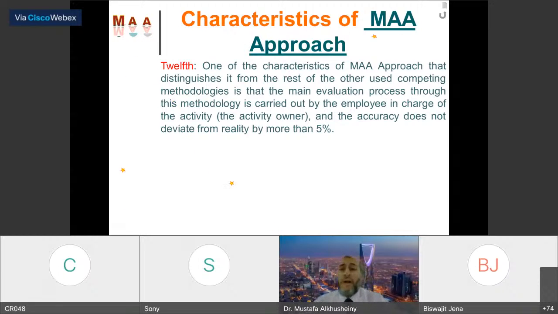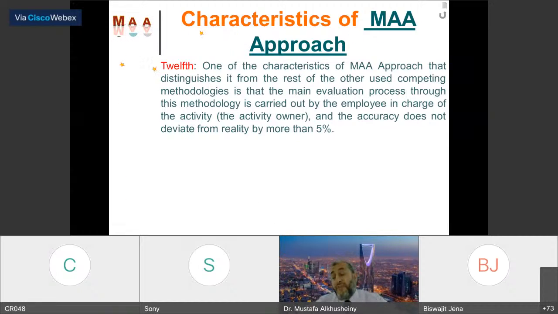One of the characteristics of my approach that distinguishes it from the other competing methodologies is that the main evaluation process through this methodology is carried out by the employee himself in charge of the activity, called the activity owner, and the accuracy does not deviate from reality by more than 5%.